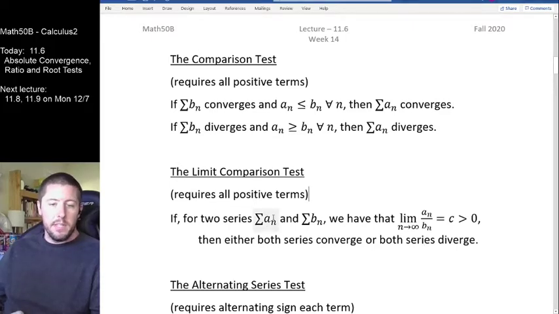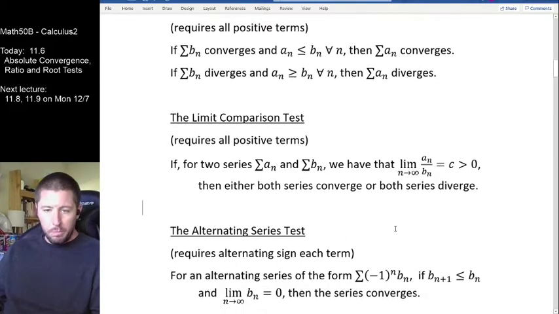This is still a comparison. We're still thinking to ourselves there is a series that we want to know about, A sub n. There is a series that we already know about the convergence of, a B sub n series. Then we can compare the ratios of their terms, taking the limit as n goes to infinity. If we converge to a positive constant, then either both series converge or both series diverge. So that's another comparison that we made there.